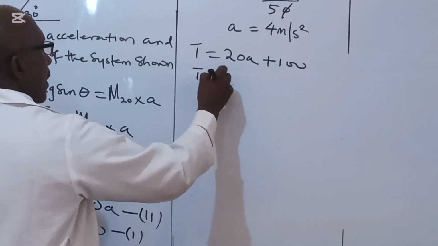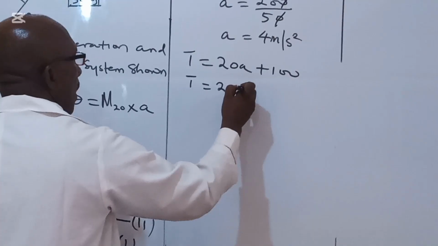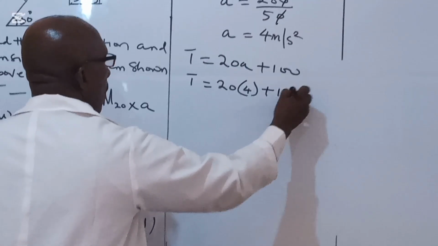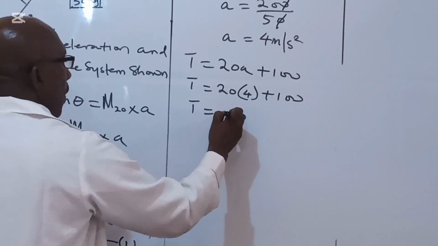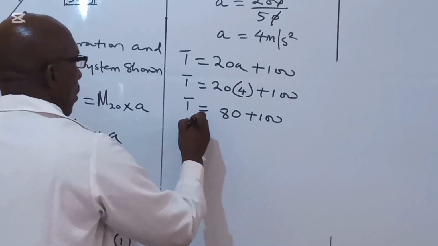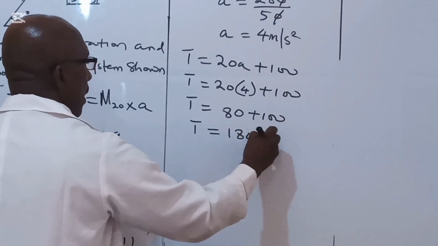Therefore, T is equal to 20 multiplied by 4, since A is 4, plus 100. So T is equal to 4 times 0 is 0, 2 times 4 is 8, so 80 plus 100. So our tension is equal to 180 Newton.